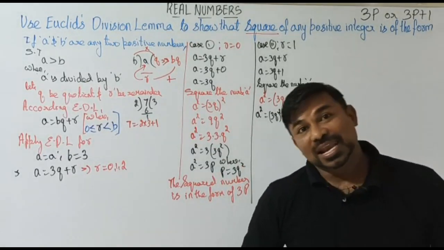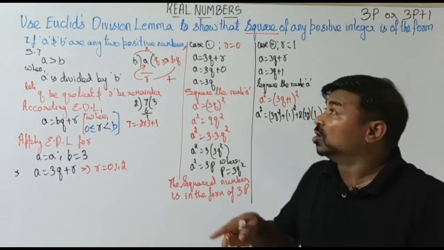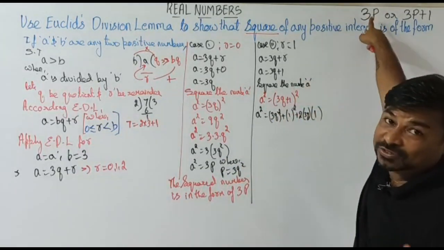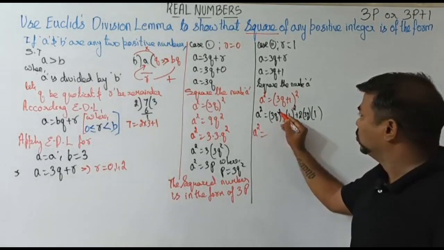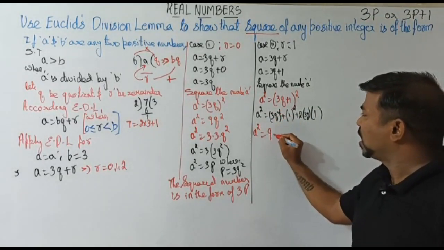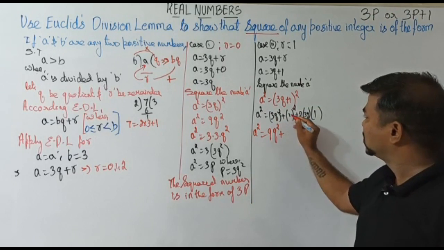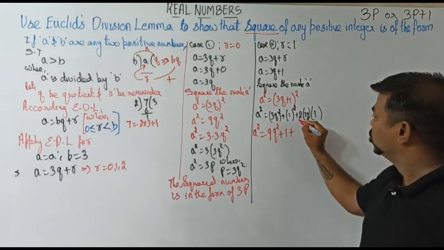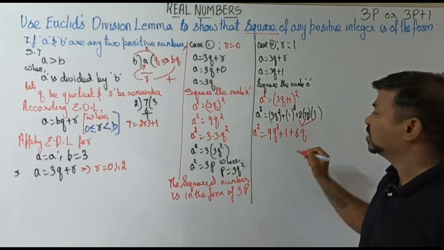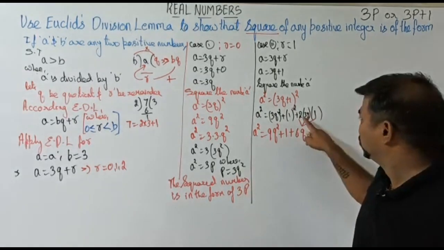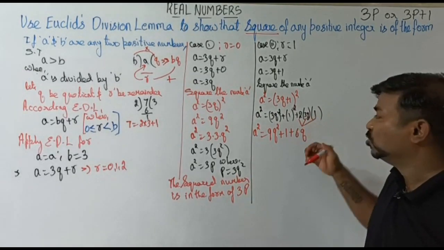It's nothing but 1. Let's simplify and check whether we can write it in the form of 3p or 3p plus 1. a square is equal to 9q square plus 1 square, which is 1, plus 2 into 3q into 1, which is 6q.